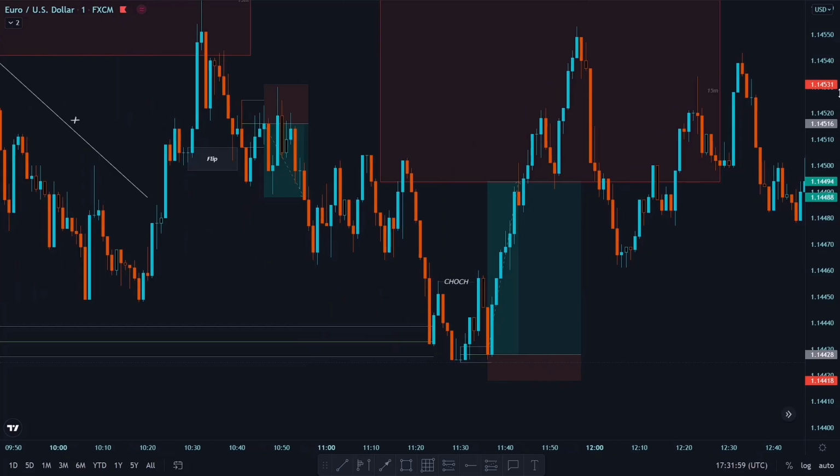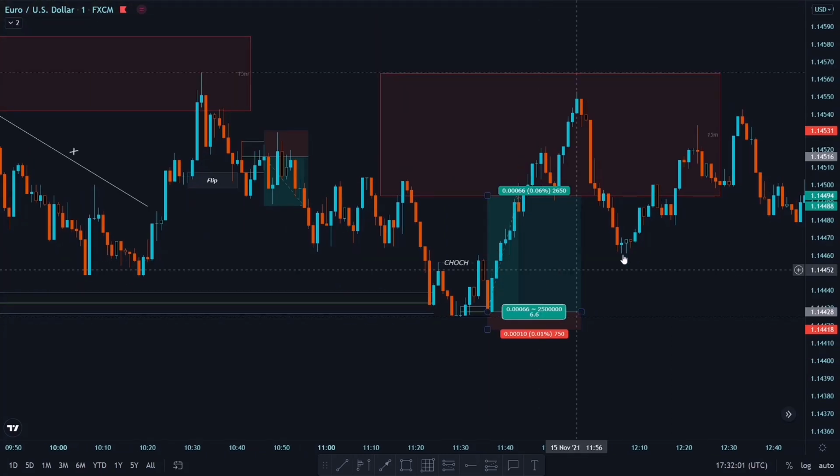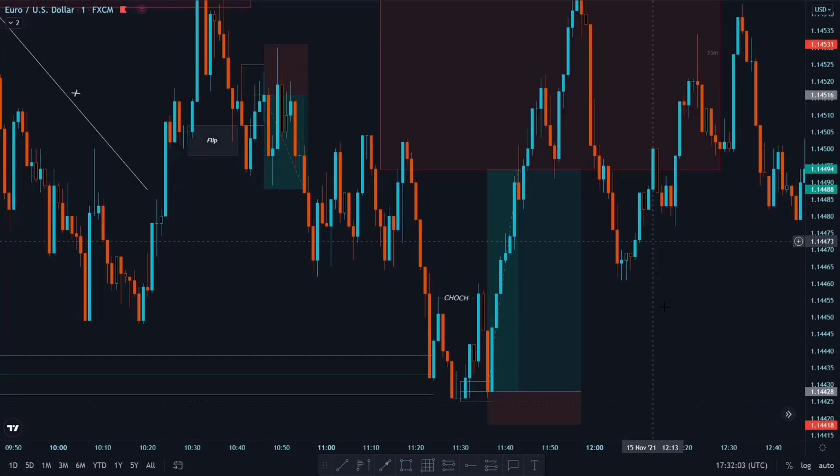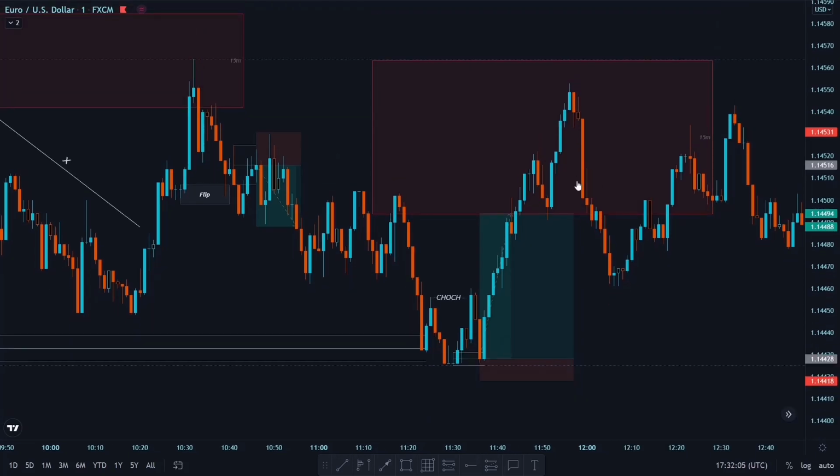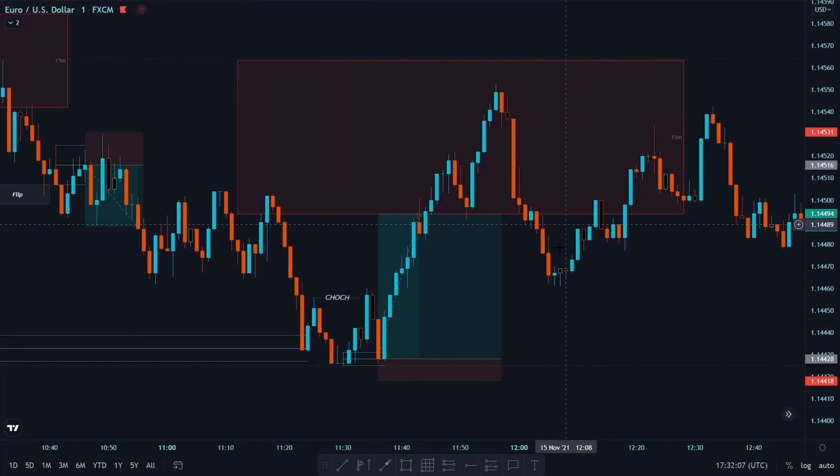So after this trade, again we tap into our 15-minute supply zone.